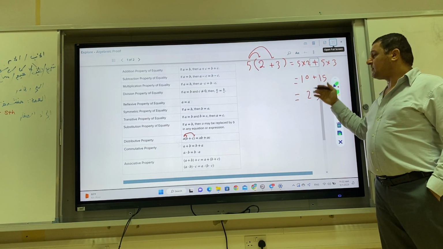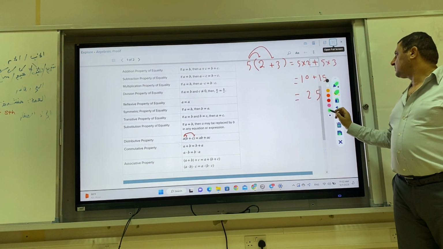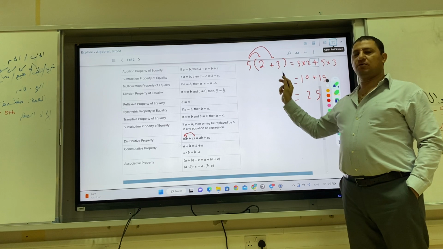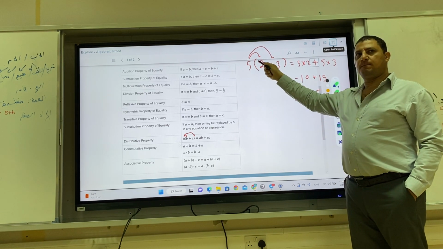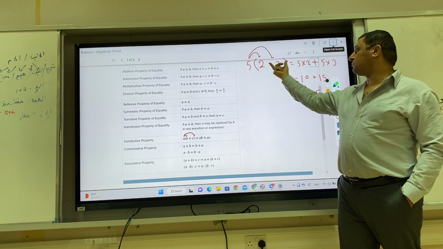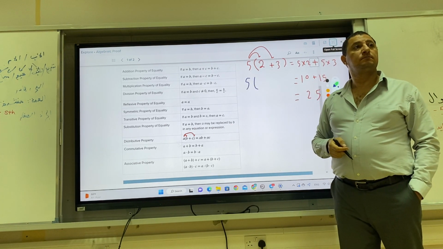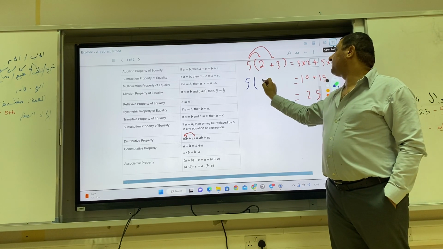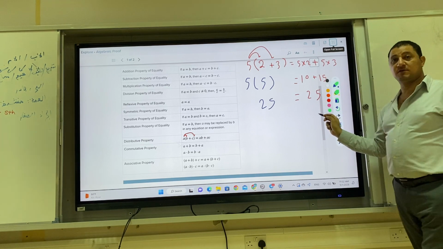25. To make sure that this process works, you can easily check: order of operations says that we can finish the parentheses first. So let's add whatever we have inside the parentheses. 2 plus 3 is 5. So 5 times 5, we have 25 equals 25.